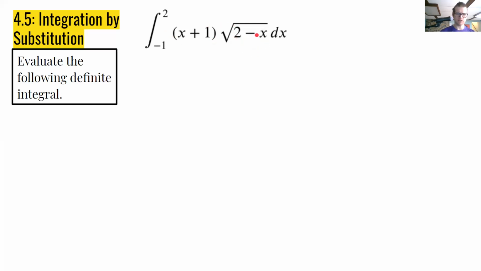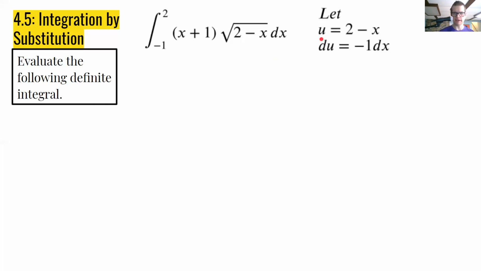And looking at those options, I think the one inside the square root, 2 minus x, is probably the way to go. I could potentially pick the square root of 2 minus x, but that seems kind of complicated. And usually I don't want to grab that much. It feels like I'm taking too much of the integrand. So let's see what happens if I let u equal 2 minus x.